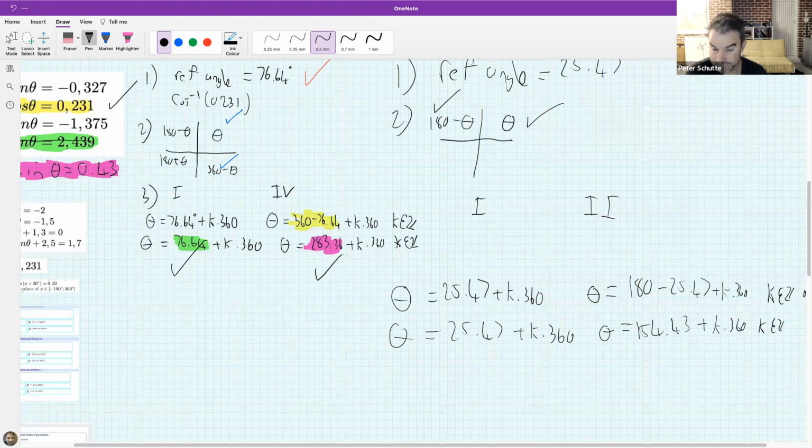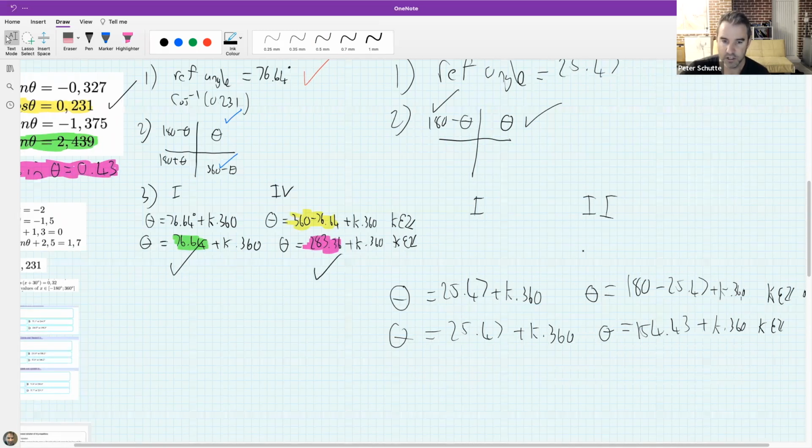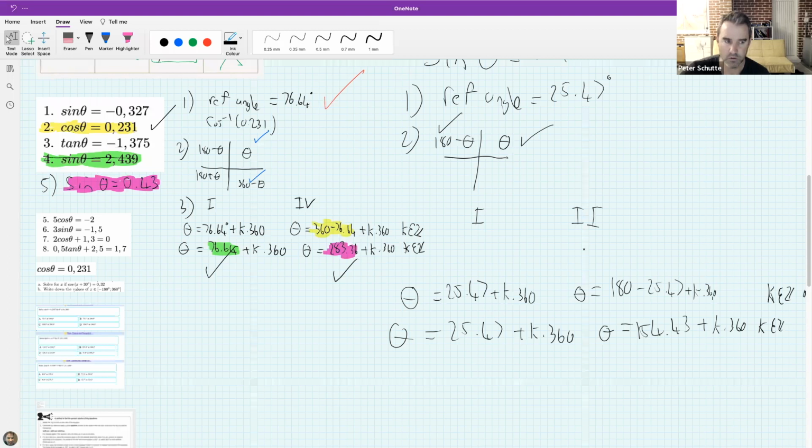And that's it. And if you want to check this, type in your calculator the sine of 25.47 and the sine of 154.43, and you should get very close to the original number that we started with.